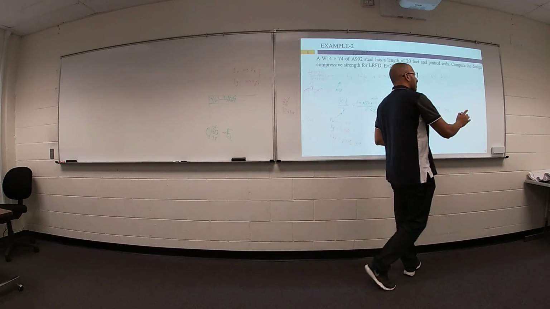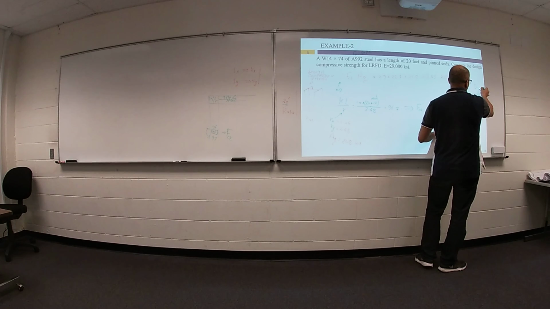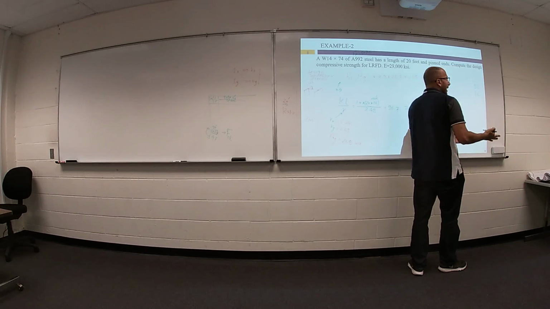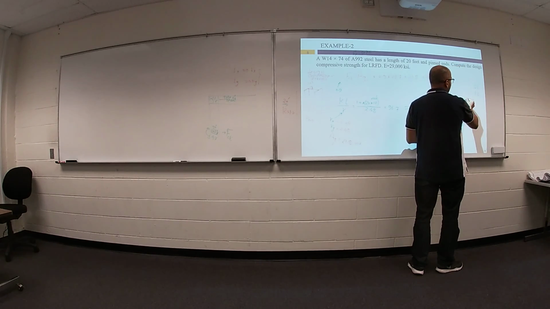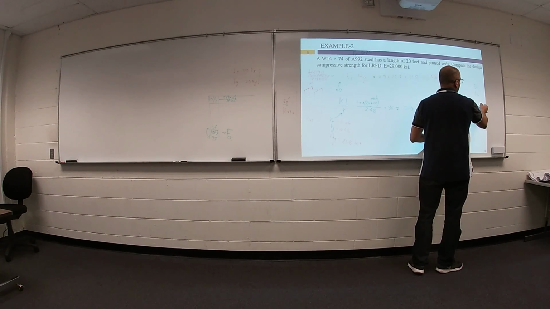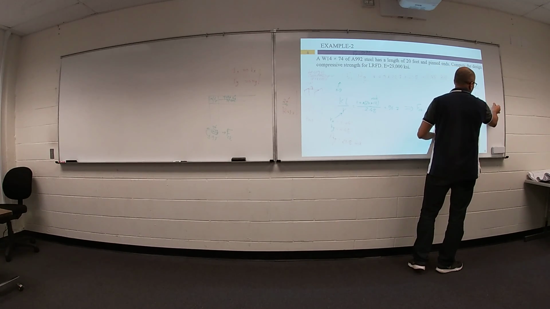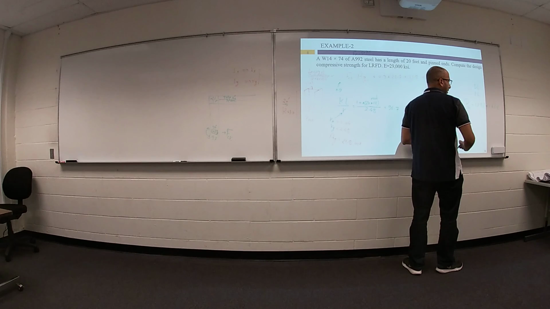If you have dead load and live load reaction on this column, you can say P ultimate equals 1.2 dead load plus 1.6 live load.